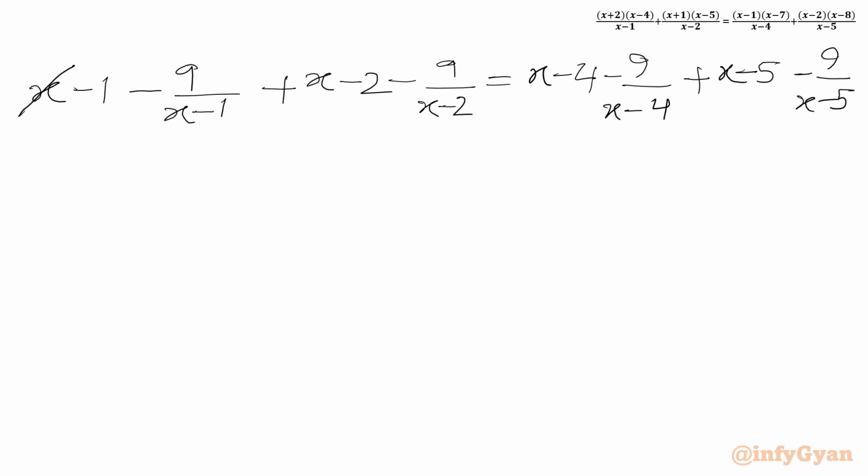Now we will subtract 2x from both the sides. So x plus x, 2x, x plus x, 2x, that will nullify.